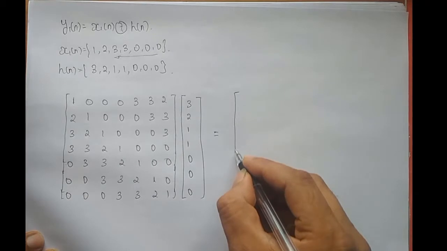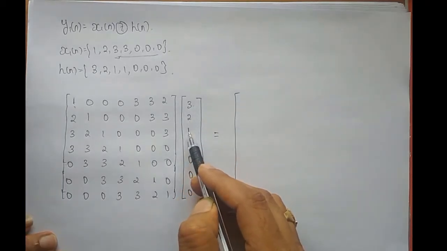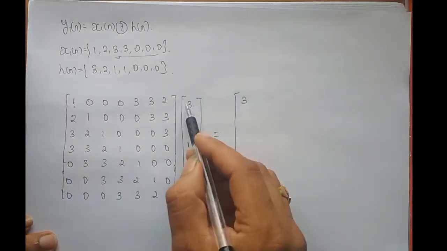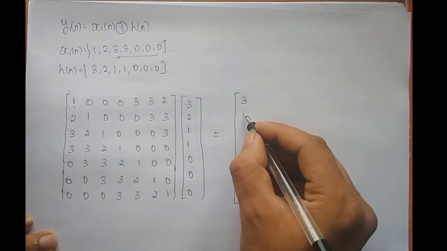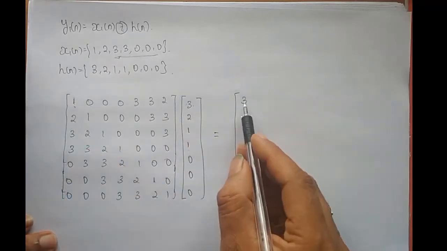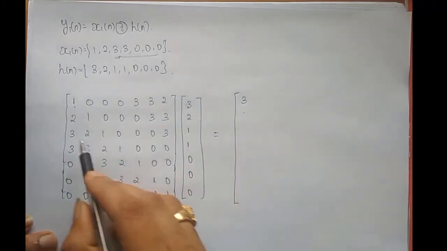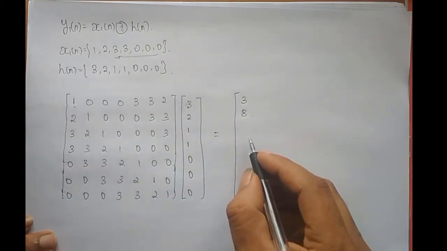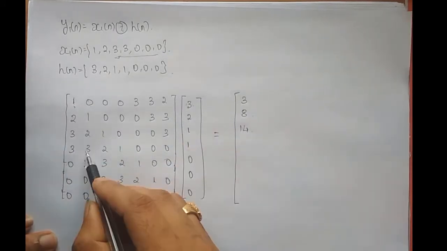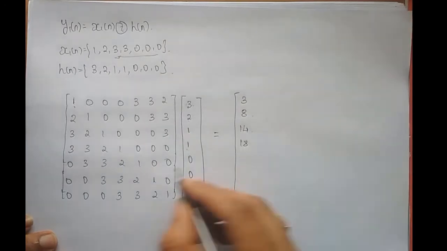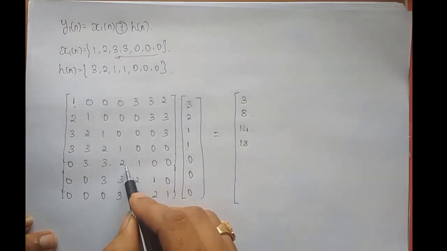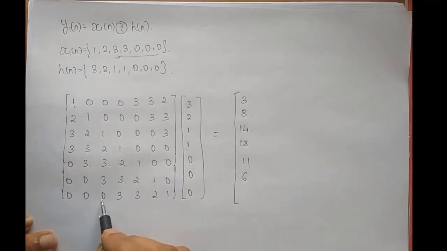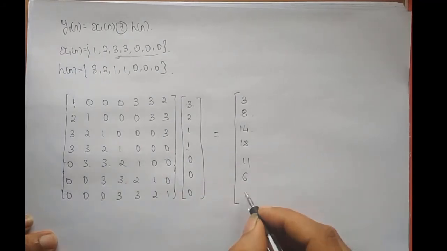So this is equal to 3 plus 0 plus 0 plus 0, right, which is equal to 3. Six. 0 plus 0 plus 0 plus 3, which is 3.